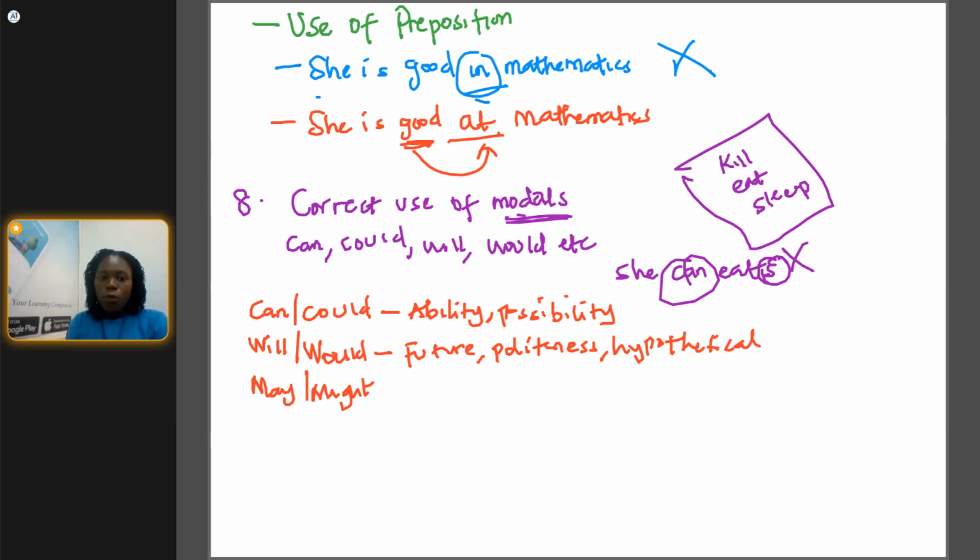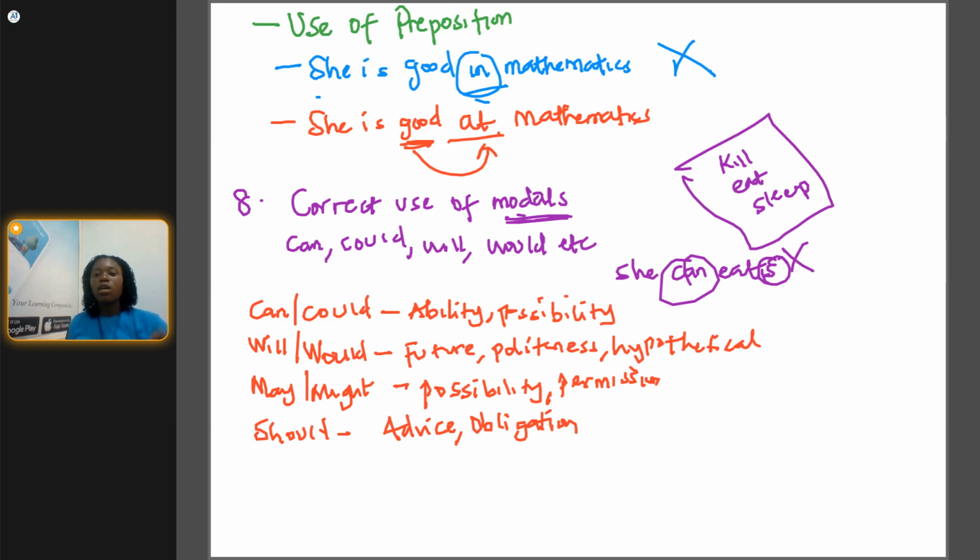For may and might, they talk about possibility and permission. And when you talk about should, you talk about advice and obligation. So these are the major ones we're focusing on.